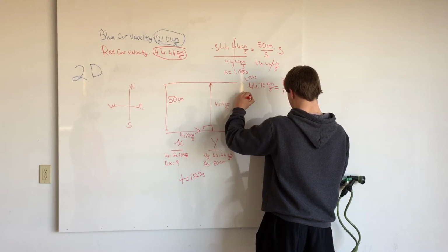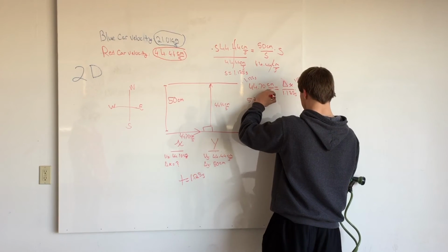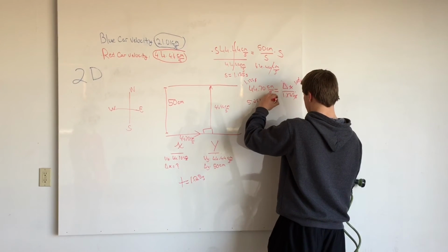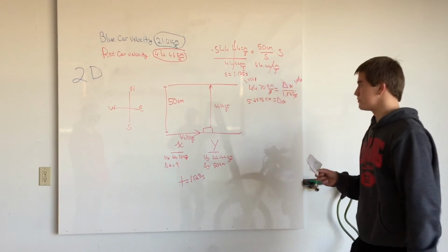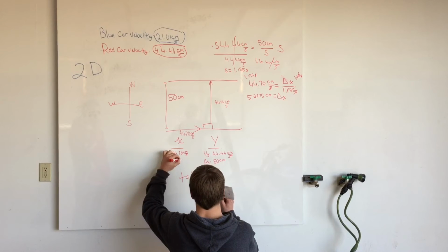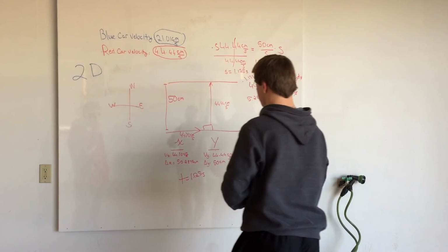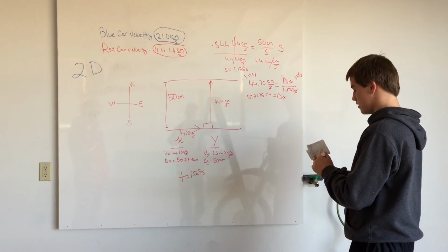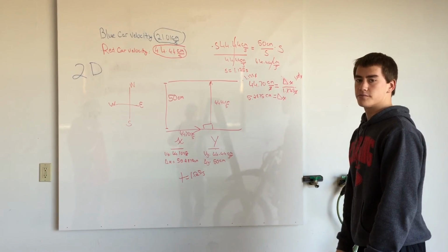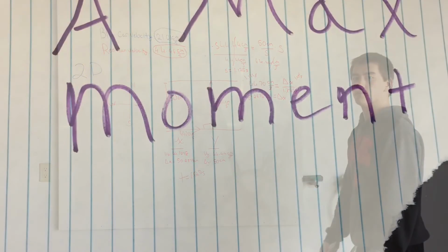Then you get 50.2875 centimeters, because the seconds canceled. That equals our delta x. To be organized, plug it in down here: 50.2875. So we found our delta x by using our delta y, velocity of y, and velocity of x. It's just 2D velocity.